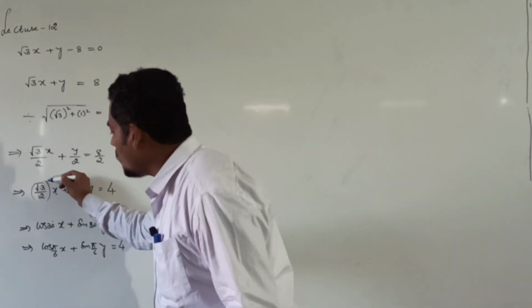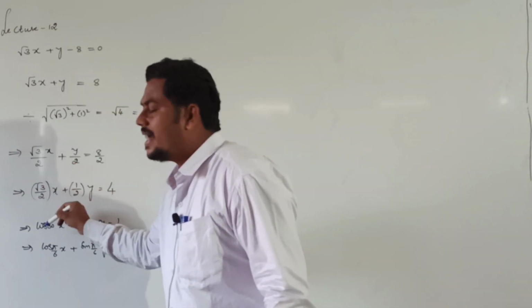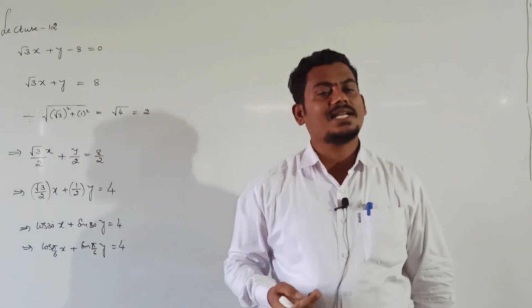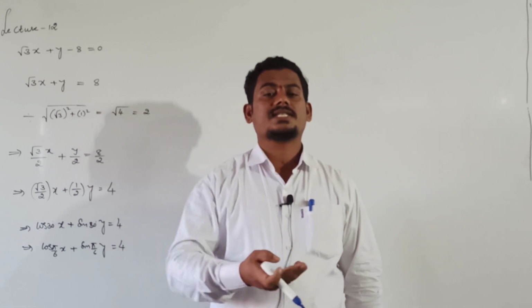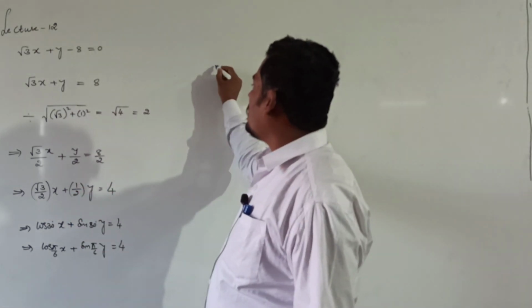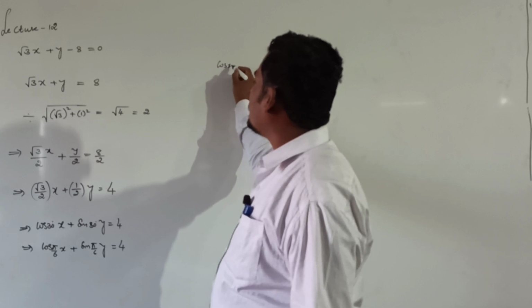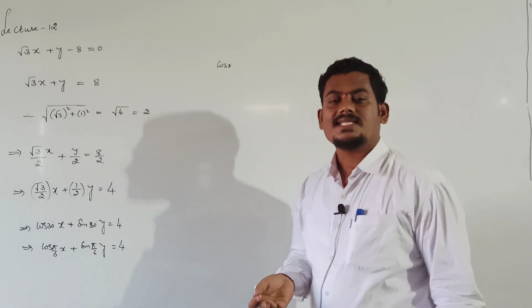Replace root 3 by 2 as cos 30 degree, because cos 30 degree is equal to root 3 by 2. Sir, sin 60 is also root 3 by 2. But in normal form, the coefficient of x is in terms of cos and the coefficient of y is in terms of sin.